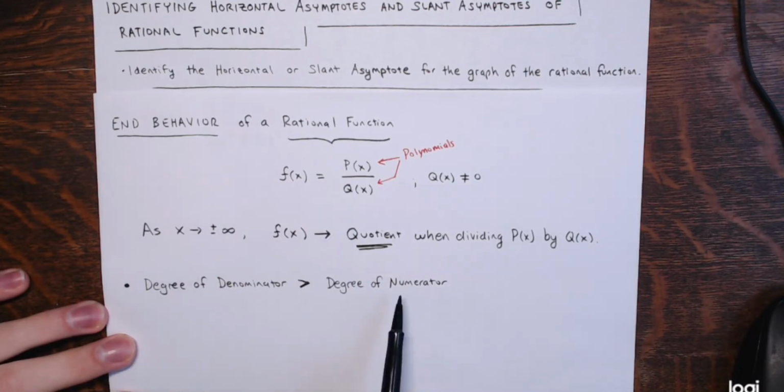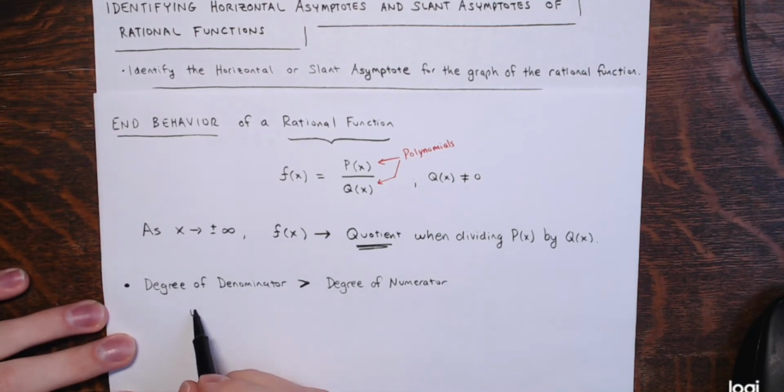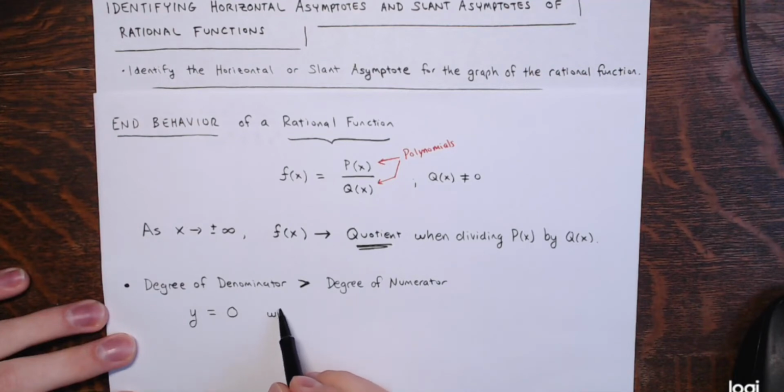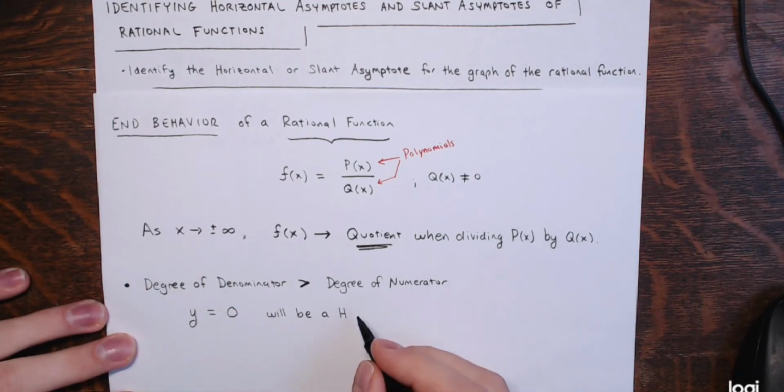So in this case, the quotient is 0, because the denominator doesn't go into the numerator at all. So y equals 0 will be a horizontal asymptote, and we'll see examples of this. The graph will basically be approaching the x-axis as you go to the far right or far left, on the ends.